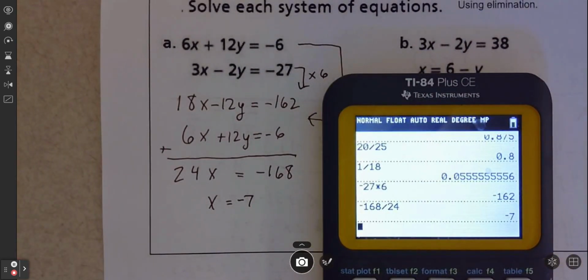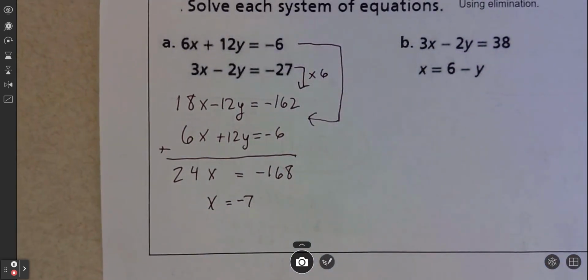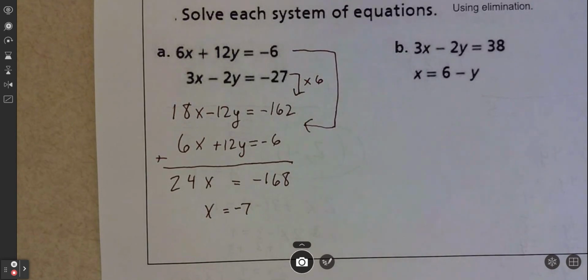No, you just did it. Oh, you did? Did I make a mistake? No, I thought you did. Why did you multiply this? I didn't. I just rewrote the top one. Would you divide instead of multiply? You could. Absolutely. Yep. So x equals negative 7.